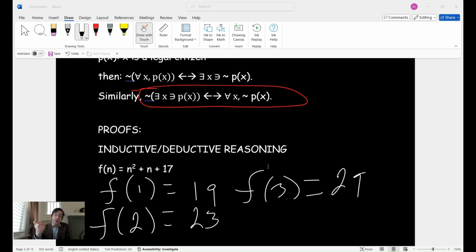But anyway, if we let P of n represent the sentence that this function gives a prime number, you can ask the big question. Is this true for all positive integers? Now hold on, let me stop you right there. No, we have not proved it's true.